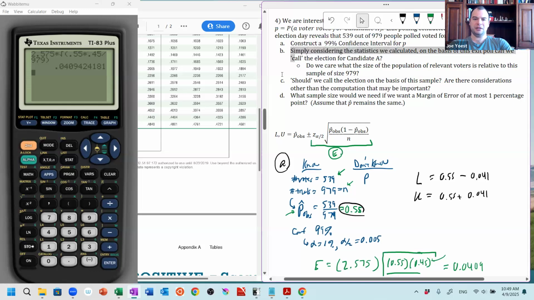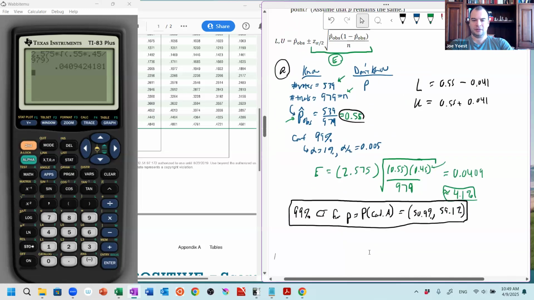Okay, question B, simply considering the statistics, simply looking at the numbers, on the basis of this exit poll, should we be able to call the election for candidate A? And the answer is essentially yes, right? The lower bound here is 50.9%, and assuming that this election works the way that most of our elections in the US work, that if you get the majority of the votes, you win. So if any candidate gets more votes than all the other candidates, they win.